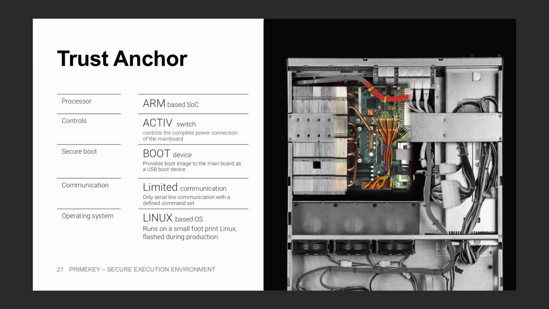And that is an add-on board that we designed here at PrimeKey, and that is added to the standard x86 mainboard of the server itself. The operating system of the trust anchor is an embedded Linux system, and it's flashed on the chip during our production cycle.